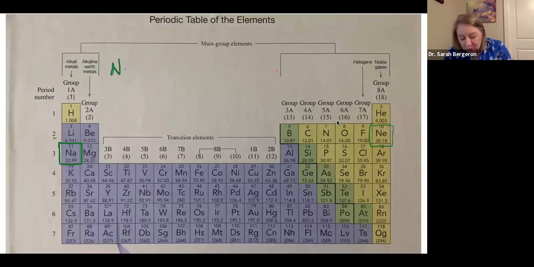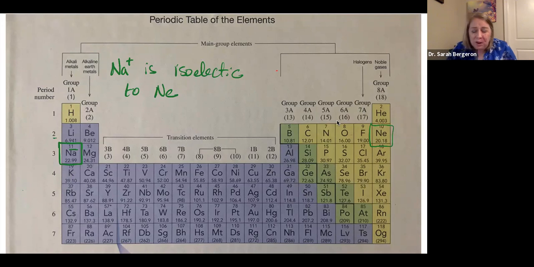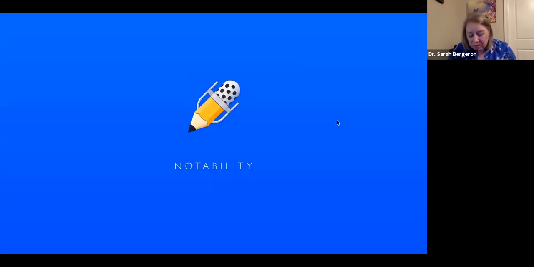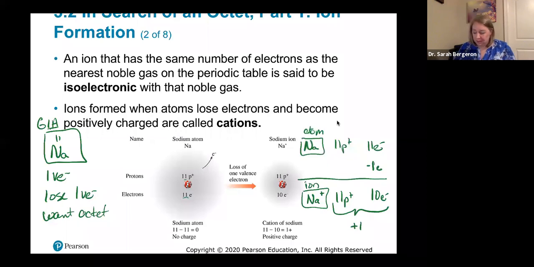So sodium ion is isoelectric to neon. So always just look at this number at the top and then go 1 less or go 1 more. And that's the number of electrons. I know it's also the number of protons, but in this case, we're not really worried about the protons, we're worried about the electrons.